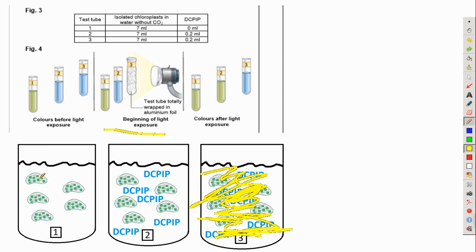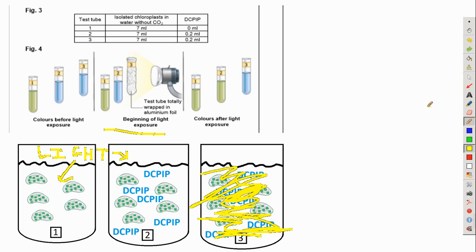So same thing, tube 1 and tube 2 are going to be exposed to light, whereas tube 3 is going to be covered with aluminium foil, so no light can penetrate.